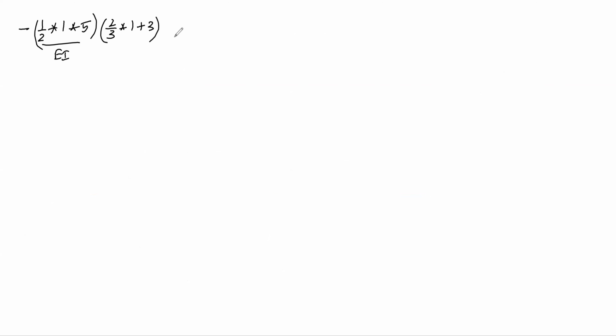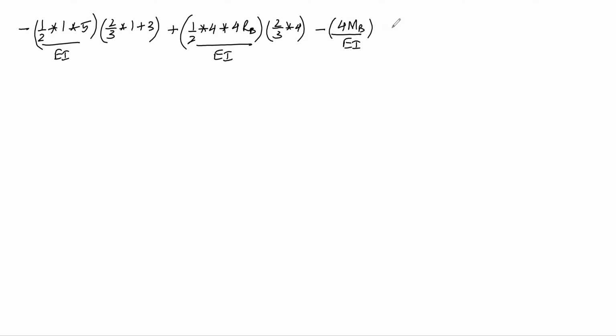For second BMD, it will be plus half into base into height divided by EI, and the centroidal distance will be 2/3 of 4, and for the third BMD it will be minus, area will be 4 into MB divided by EI, and the centroidal distance will be half of 4.